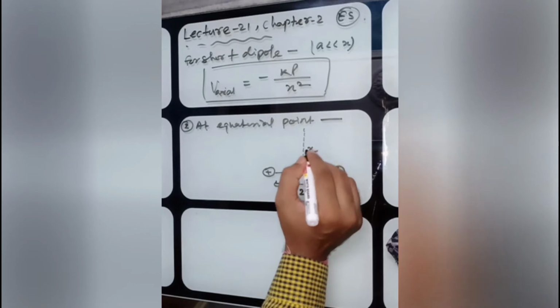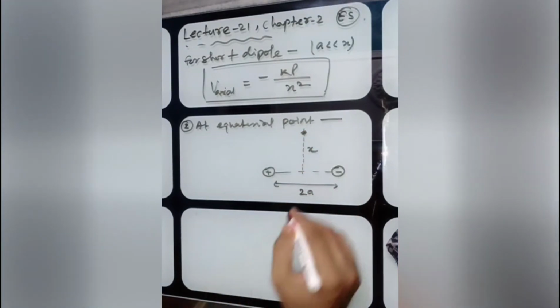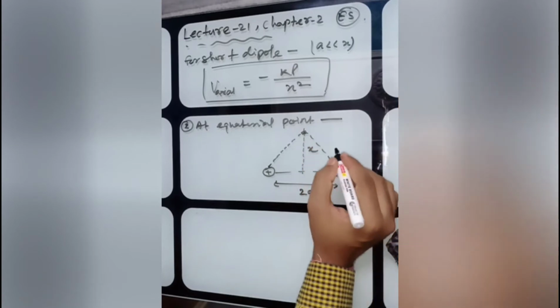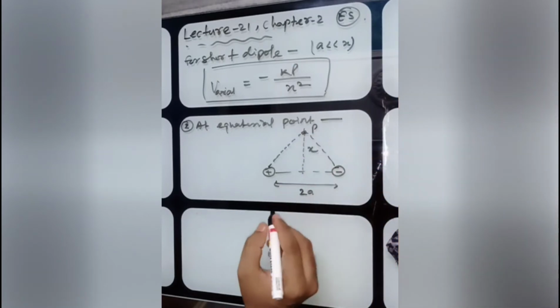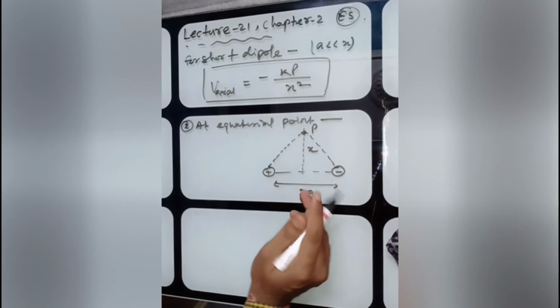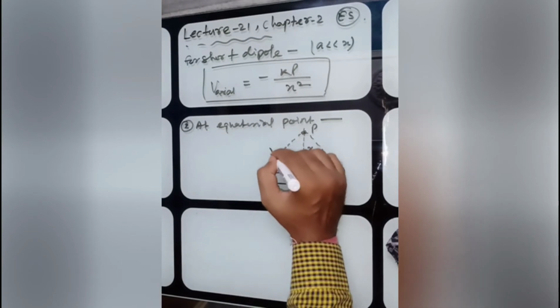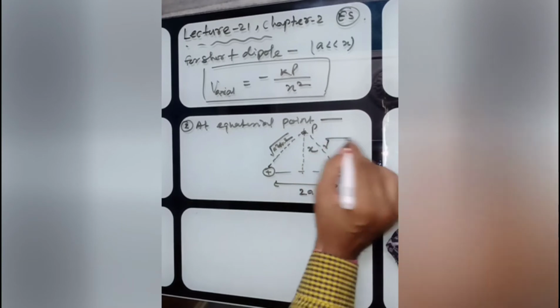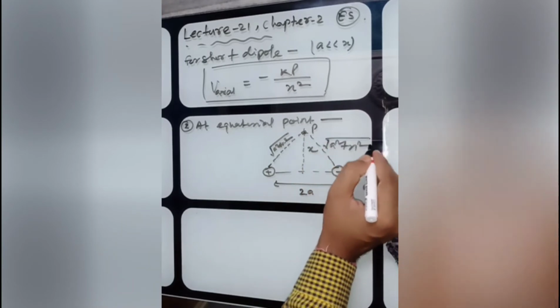At distance x we wish to find the potential at this point P. If this is x, this is a, then this will be how much? a square plus x square, and this is also a square plus x square.